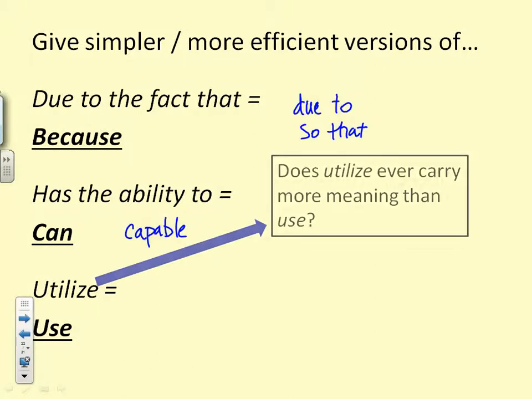Is there a difference? Is there a time when utilize means more than use means? Yeah, if you look up utilize in a dictionary, you'll probably find some shades of meaning that have to do with exploitation. Not exploitation in a negative sense, but exploiting a technology to its fullest potential, for example.